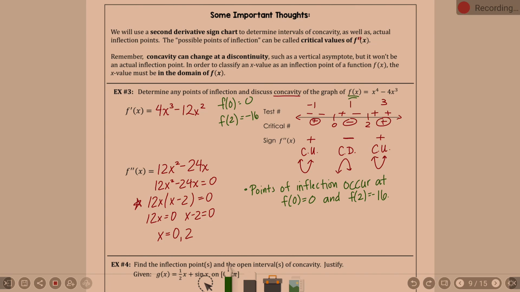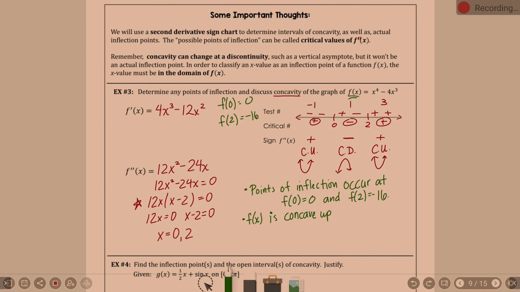Discuss concavity. What can you say? F of x is, where would you like to start? Concave up. Okay, Mario picks concave up. When is it concave up?